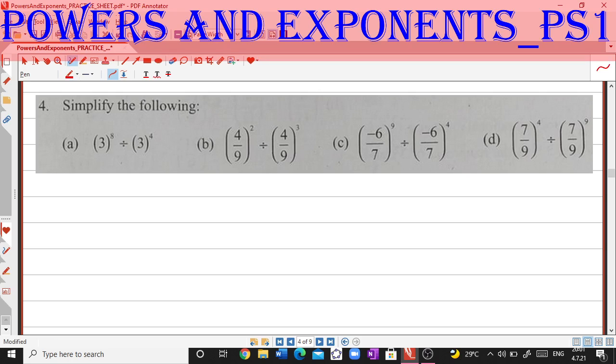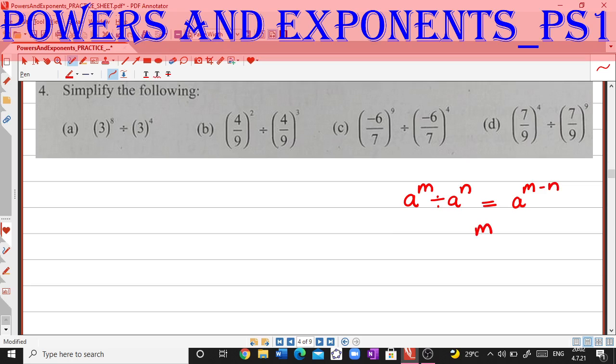So for this we have to use another rule, that is a to the power m divided by a to the power n, and this is going to be a to the power m minus n. Remember here m is greater than n. Got it? So let's solve it.